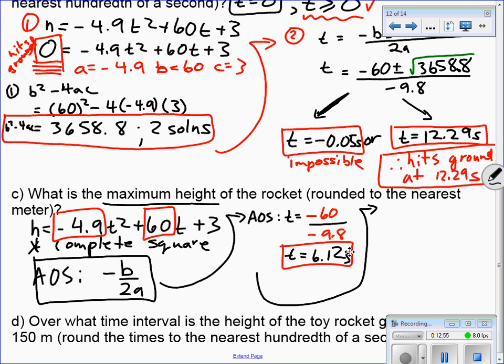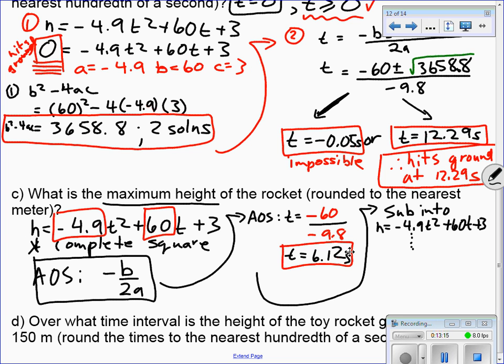So now what we're going to do is take that information and sub into h is equal to negative 4.9 t squared plus 60t plus 3.